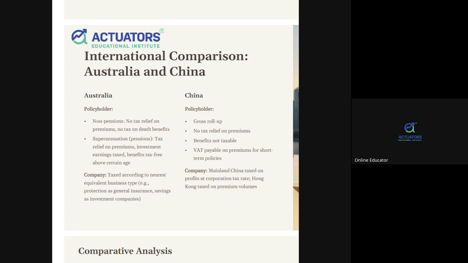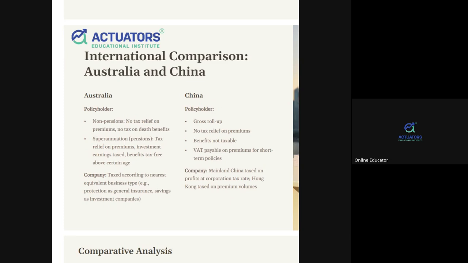That's something different in Australia as compared to the UK as well as the US. For non-pension products, premiums usually do not get any benefits. So you're paying premiums out of post-tax earnings, and there's no tax on death benefits.